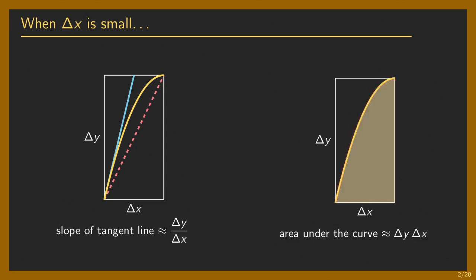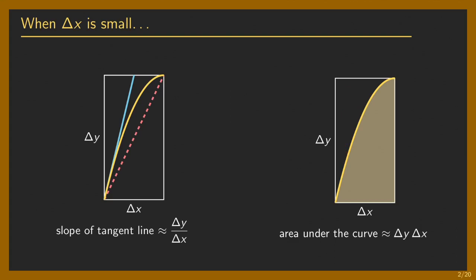What we do is we approximate the area by rectangles, and in this case we can say that the product delta x times delta y, which is the area of the white rectangle, is approximately equal to the area under the curve, the difference being the error of the approximation, and that error goes to 0 as delta x approaches 0.